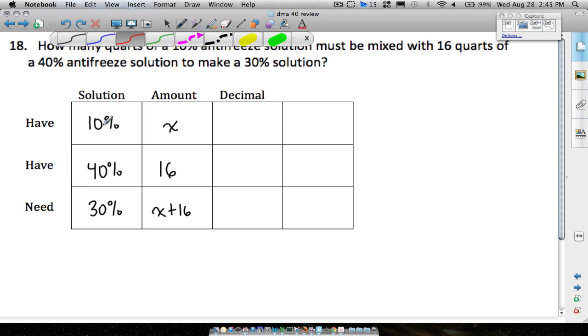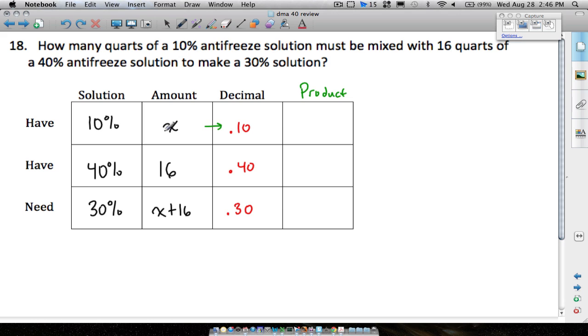And then we convert our solutions to decimals. So 10% is going to be 0.10, 40% is going to be 0.40, and 30% is going to be 0.30. And then this last column here, this is where I told you in class that you want to find the product. Multiply across.